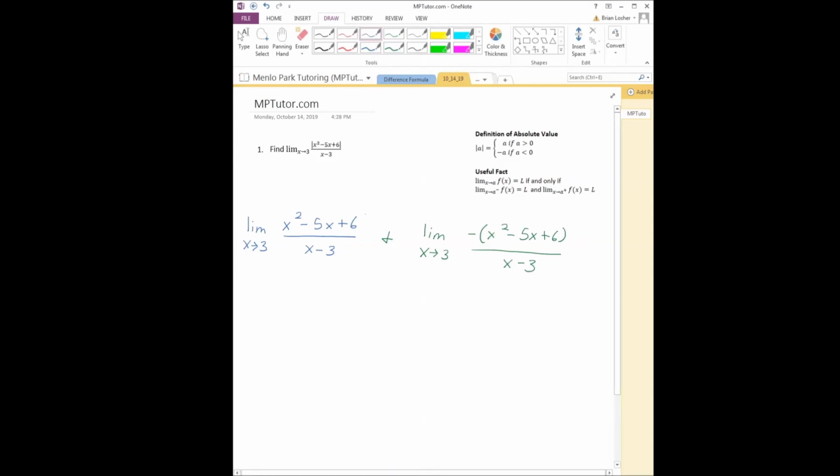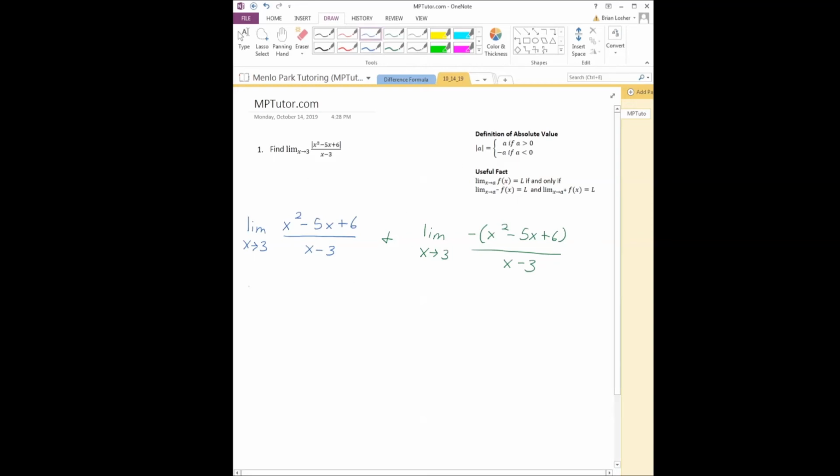But what about our second, where we plug in 3 into both of these and get 0 over 0? For this, we'll use the always useful L'Hopital's rule, which says that we can take the derivative of the numerator and the denominator independently and then take the limit of what results. So let's see what that gives us.